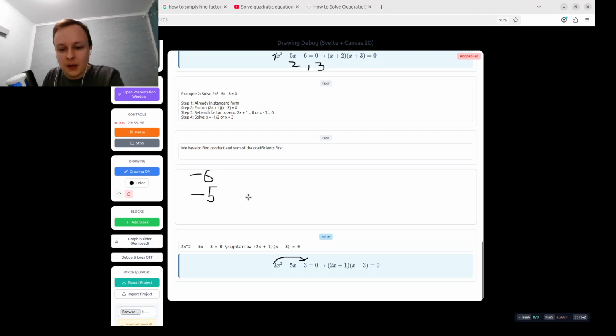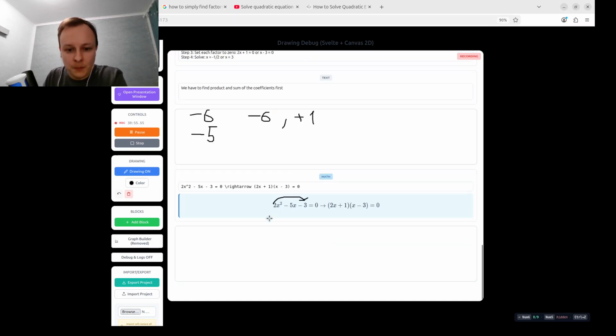And if we can find exactly one combination, then we can factor it out. In this case it will be -6 and +1.